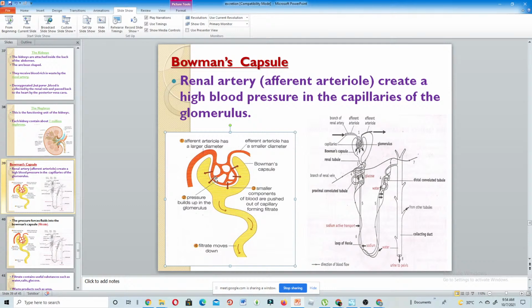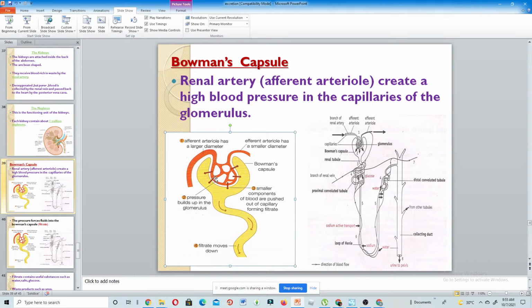So what forms the glomerulus? The glomerulus is basically formed by capillaries bundling up with each other. You have a network of capillaries that bundle up in each other.